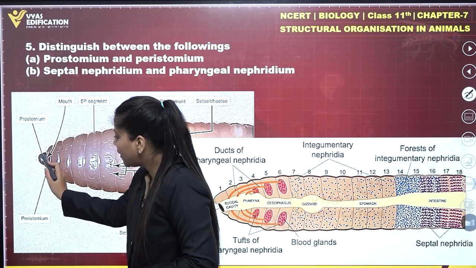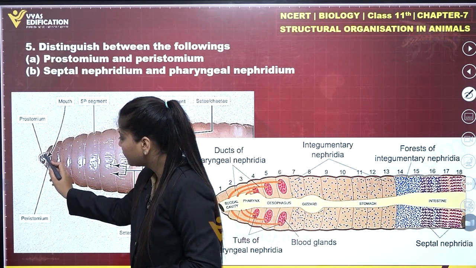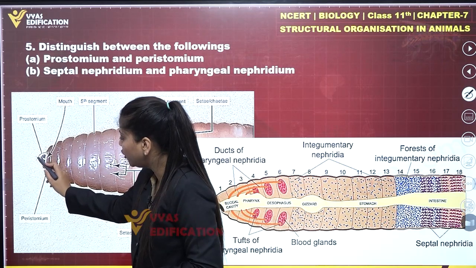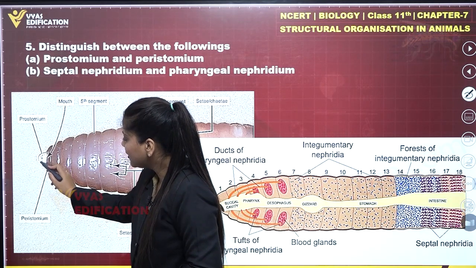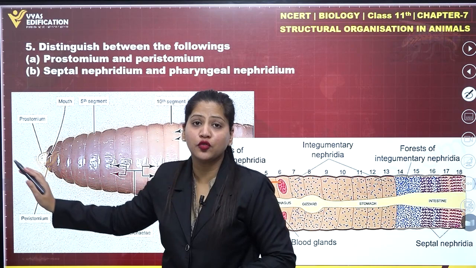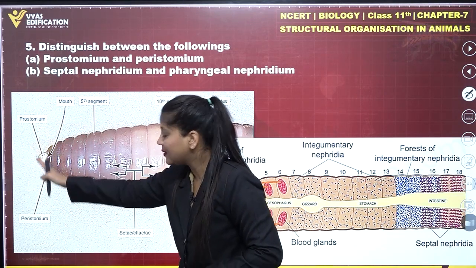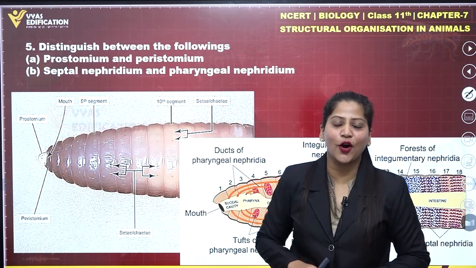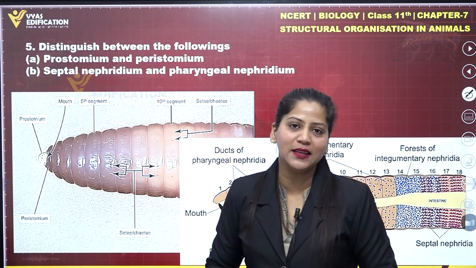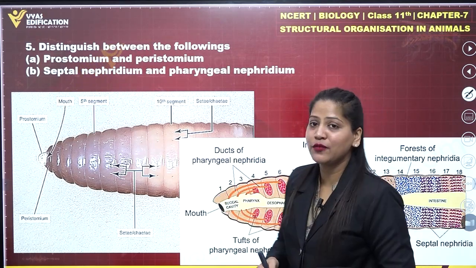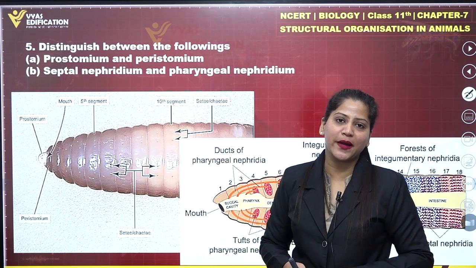This first lobe is a fleshy lobe. This lobe is nothing but prostomium. After this, the first segment in the body of the earthworm is known as peristomium. So this diagram shows you the prostomium and peristomium.